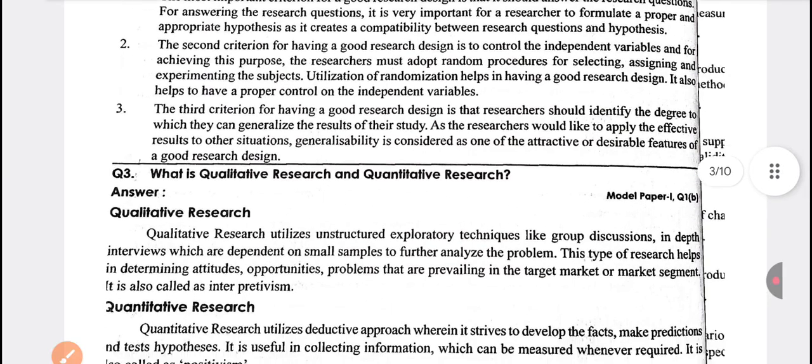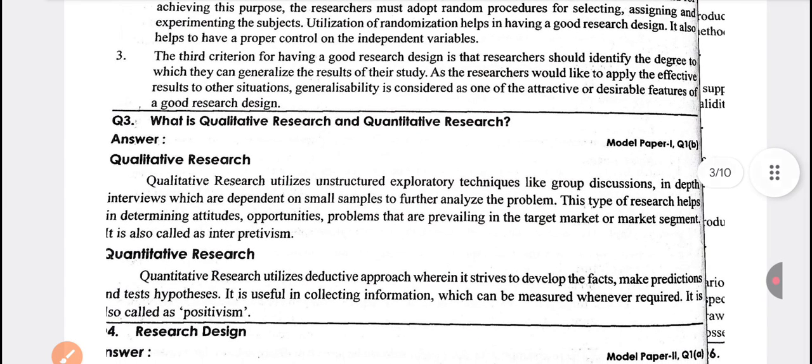Okay, next, qualitative and quantitative research. Yes, qualitative is about how much quality and depth you are having, meaning if you are taking any depth in finding the information. For example, if you are conducting depth interviews or group discussions, these types of things are called qualitative research. How much quality of data we are having in the research is important.